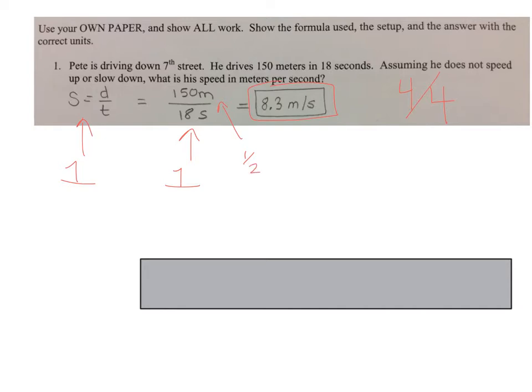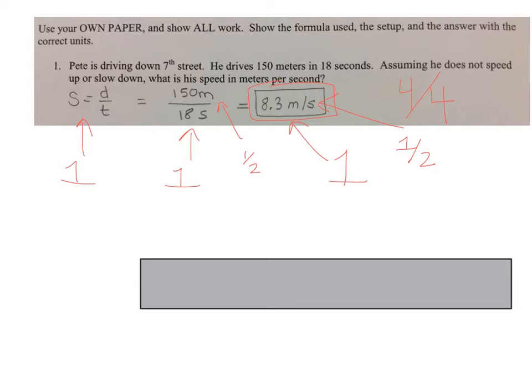You have to get the right number answer, 8.3, and it has to be rounded to the right number, which is 0.3, because your calculator will say 8.33 repeating, and you have to have the right units, that's a half point. So that gets you up to 4. 1, 2, 3, a half and a half is 4 points.